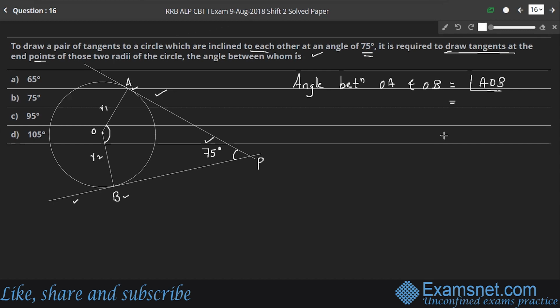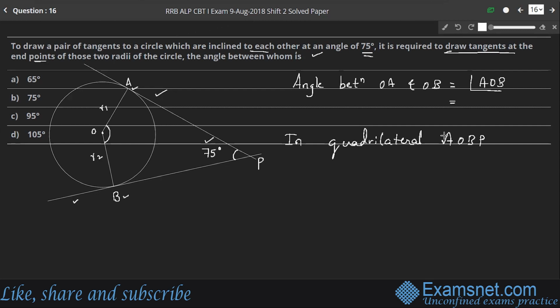For that, we'll consider the quadrilateral AOBP, right? Very simple calculation. So in quadrilateral AOBP, the sum of its interior angles is equal to 360 degree. That we know, right?